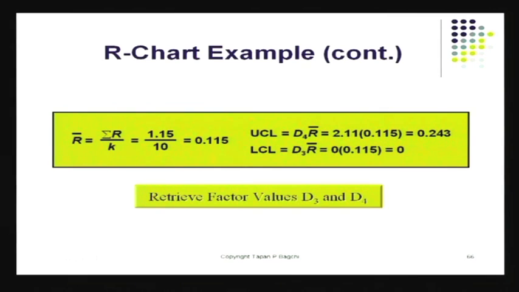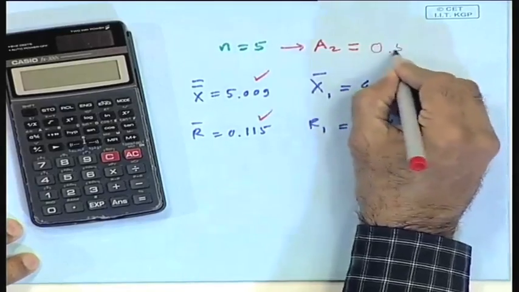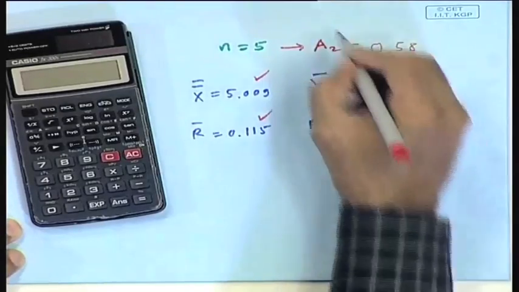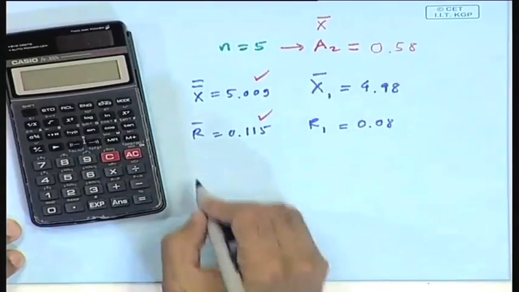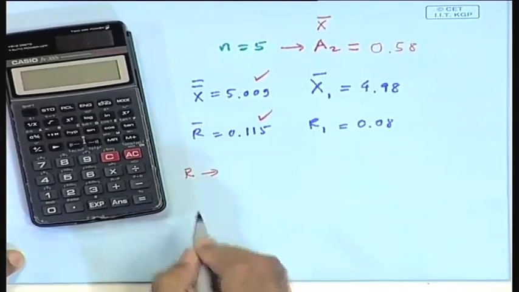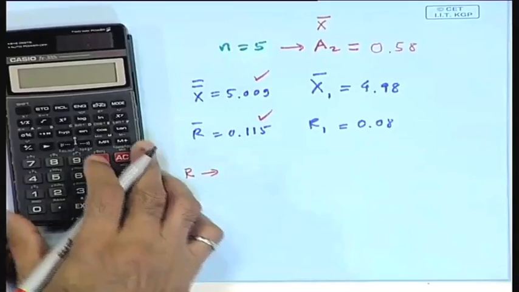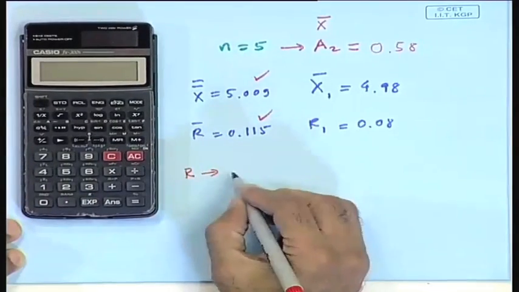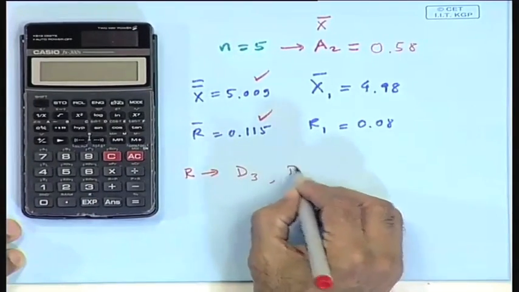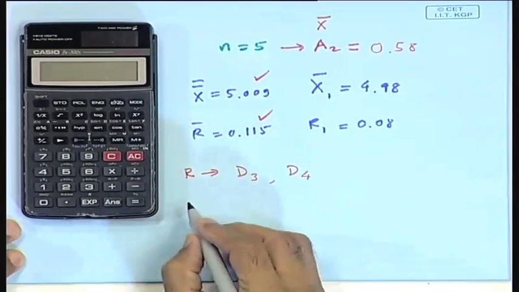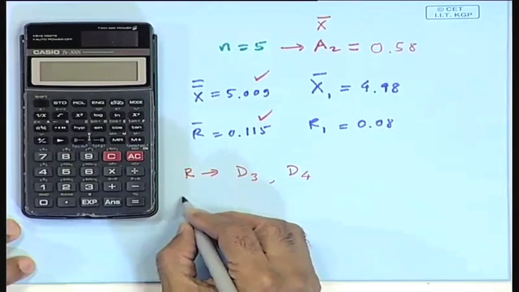Now, something I want to point out here. Remember, we used the quantity A2, which in our case turned out to be 0.58. That is what I used for my X bar chart. And for my range chart, I use some other constants, and these constants are going to be D3 and D4. And what is the formula for the range chart?